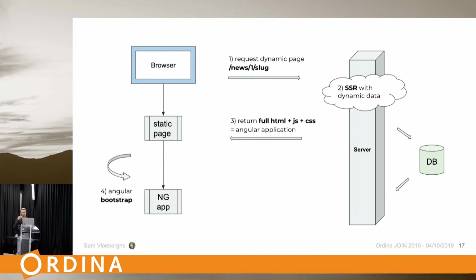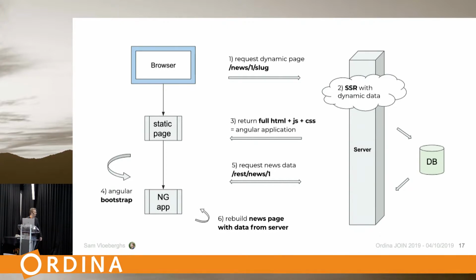Our browser interprets the JavaScript and sees this is an Angular application. The browser bootstraps the Angular application, but as we have built our application in a platform-agnostic way, Angular will bootstrap and see it has this URL, and it needs to fetch the data. So it will fetch the data again from the server, and then rebuild that news page with the data from the server.